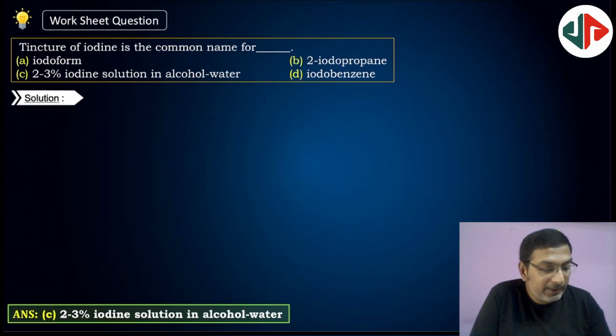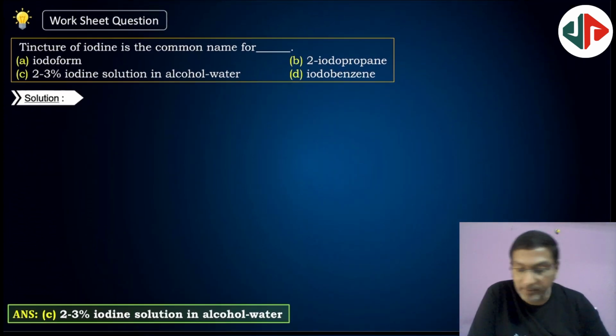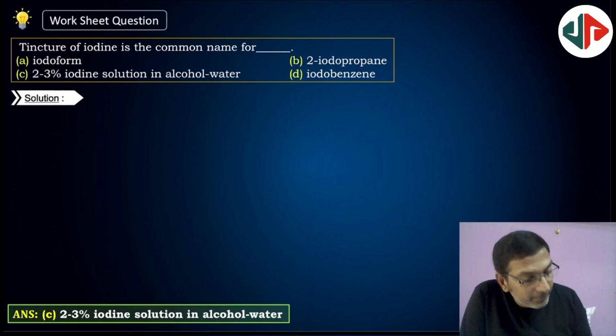Tincture of iodine is the common name for tincture of iodine.